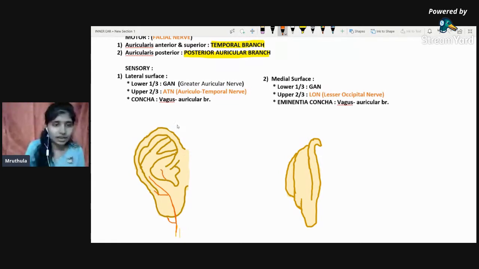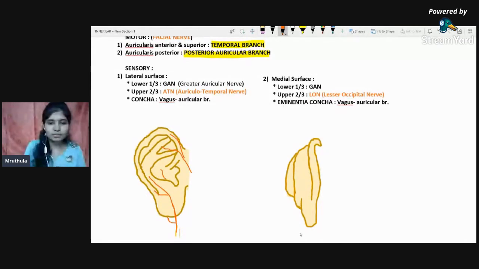And we have the auriculotemporal nerve, which supplies the upper 2/3. It's coming from the temporal aspect, supplying the auricle. So here's how the nerve enters. It comes and supplies the major part, the upper 2/3.